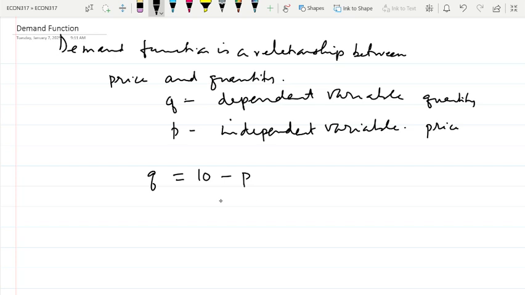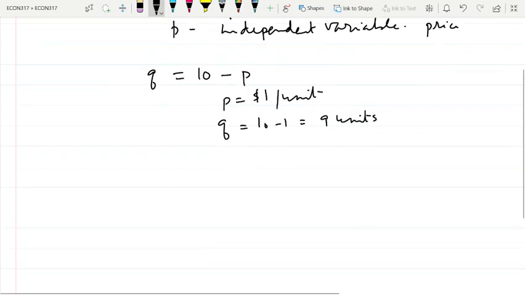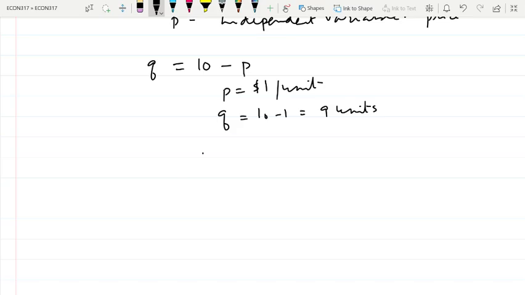For example, if P is, let's say, $1 per unit, we can find out Q is 10 minus 1, 9 units. I can give another example. Let's take P to be $7 per unit. Again, Q would be 10 minus 7, 3 units.